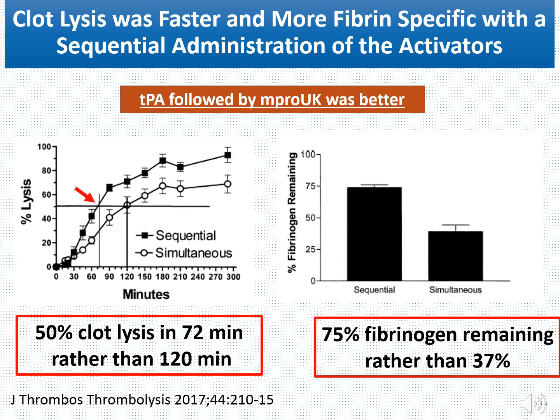The clot lysis curves are shown on the left, with the solid symbols representing the sequential delivery of the activators and the open circles the simultaneous. As shown, 50% clot lysis occurred in 72 minutes with the sequential delivery and took 120 minutes with the simultaneous. So the sequential was considerably faster.